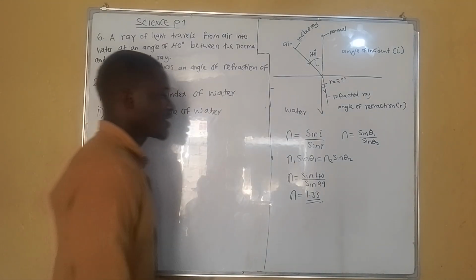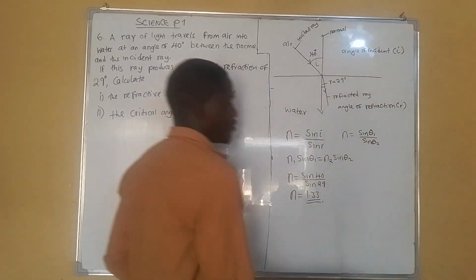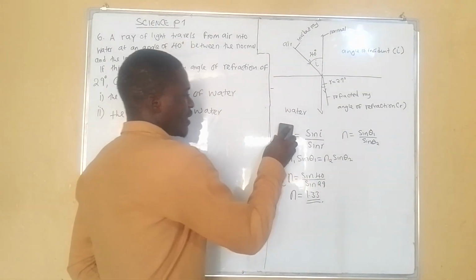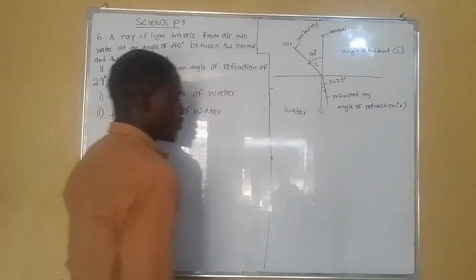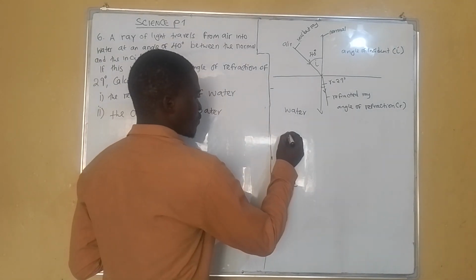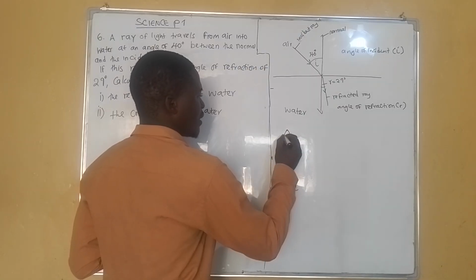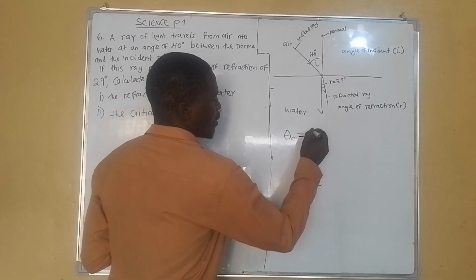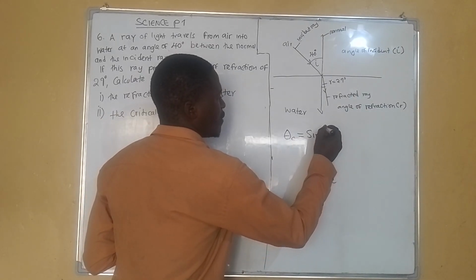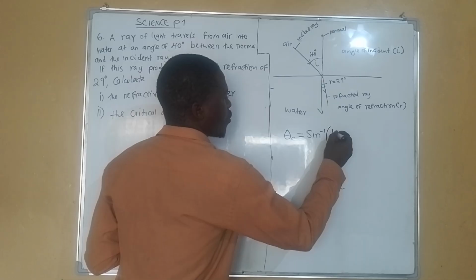So in this case, to find the critical angle, you can say theta C is given by the formula sine inverse 1 over n.